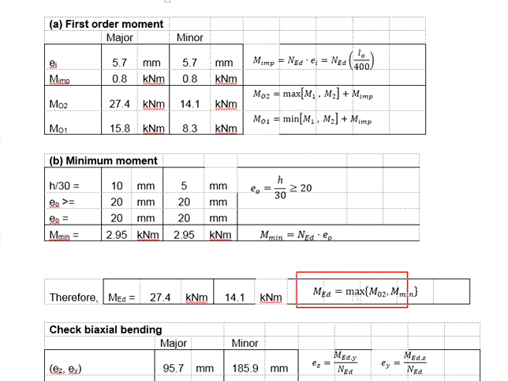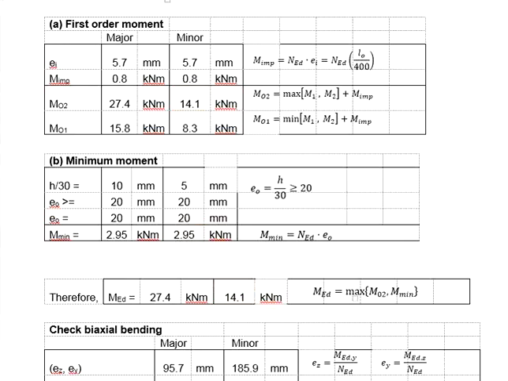Now we're going to find the MED. For the major axis, MED is determined by M02 and M-mean, whichever is bigger. We take the bigger value. As for the minor axis, it is determined by M02 and M-mean. Again, we take the bigger value.